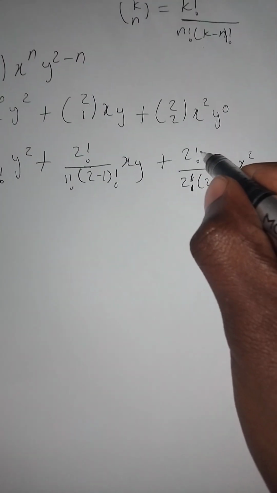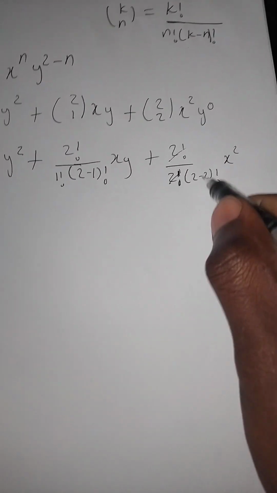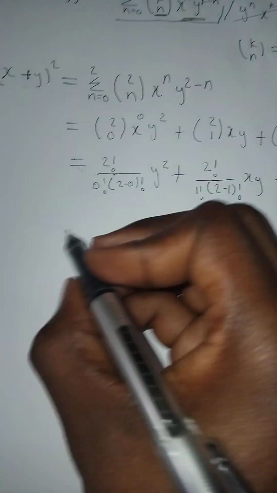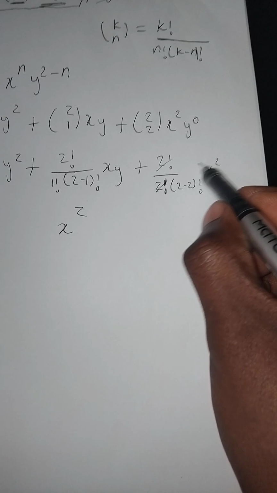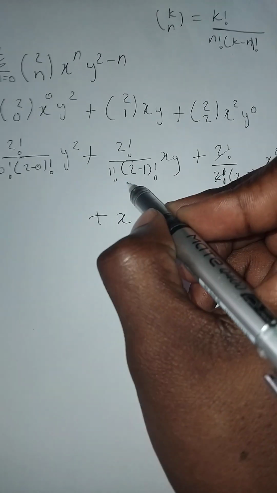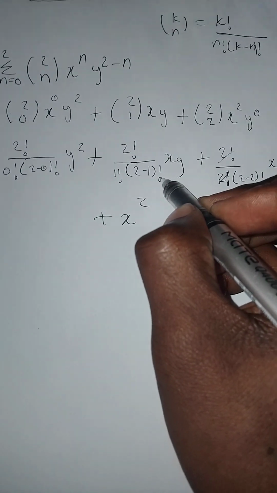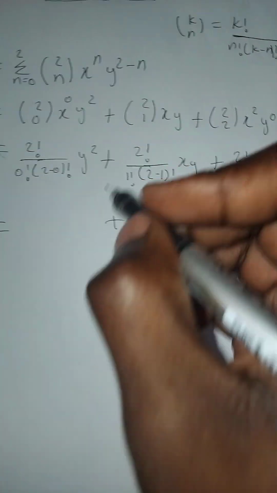From here, this one and that one will cancel. Then 2 minus 2 is 0 factorial, so here we're going to be left with x squared. Then here, 2 minus 1 is the same as 1, so 1 factorial times 1 factorial is 1.